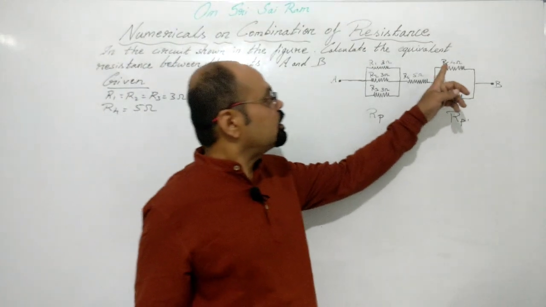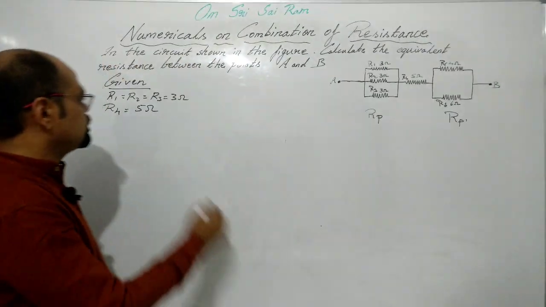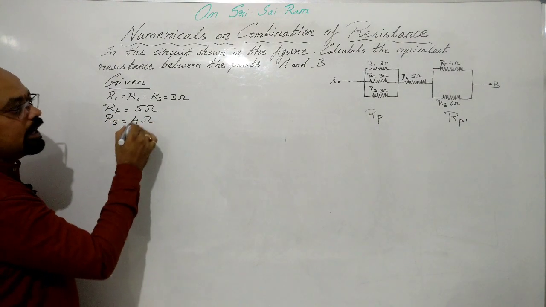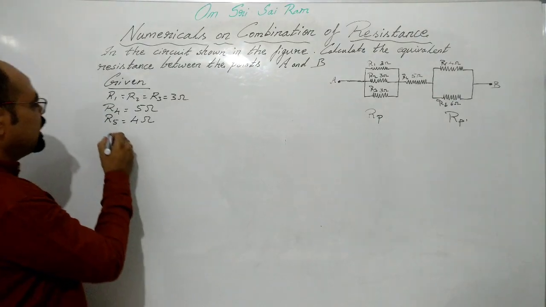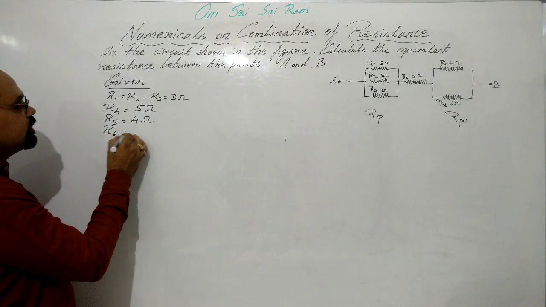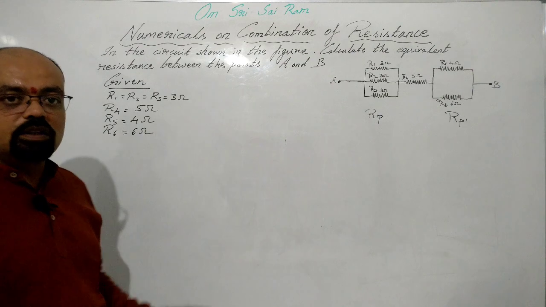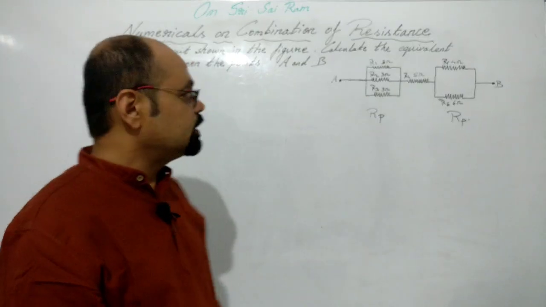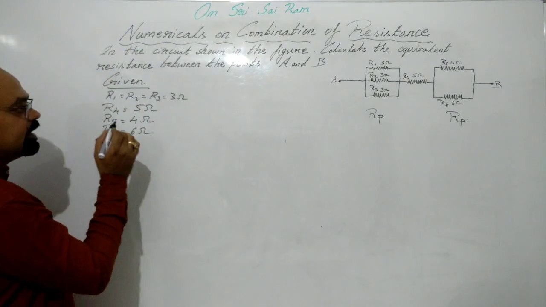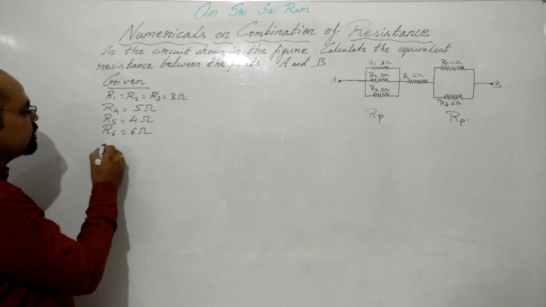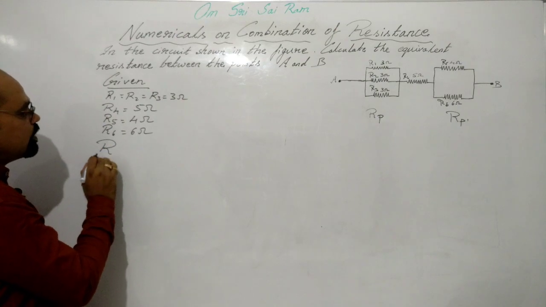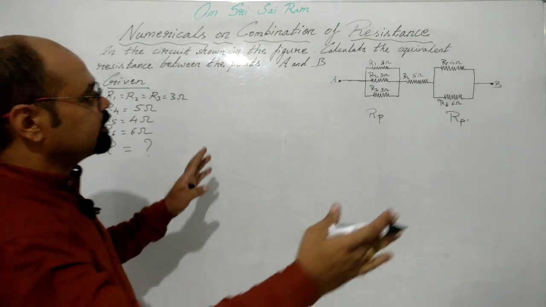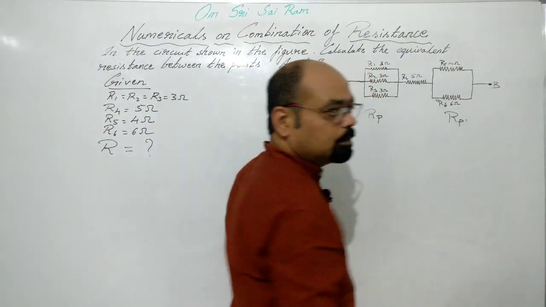Then R5 is equal to 4 ohms, and R6 is equal to 6 ohms. This is what has been given in the question. Now we have to find the total resistance R, that is R between A and B.